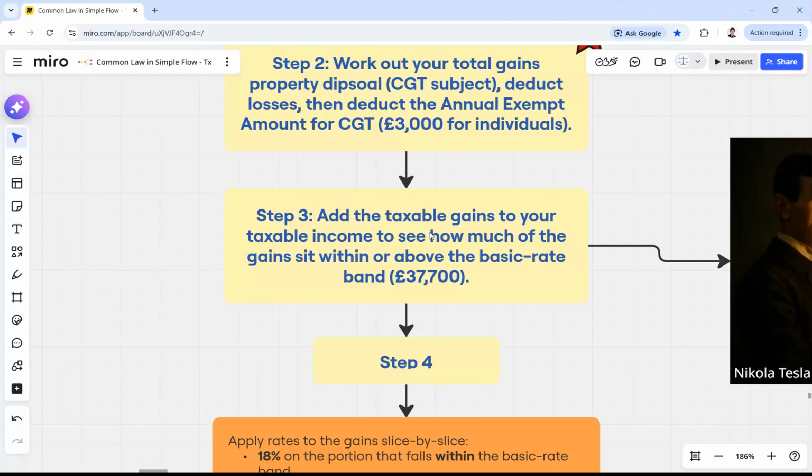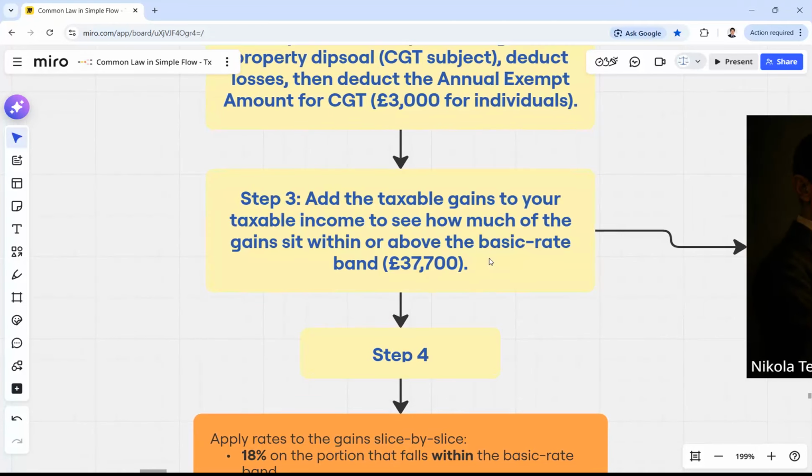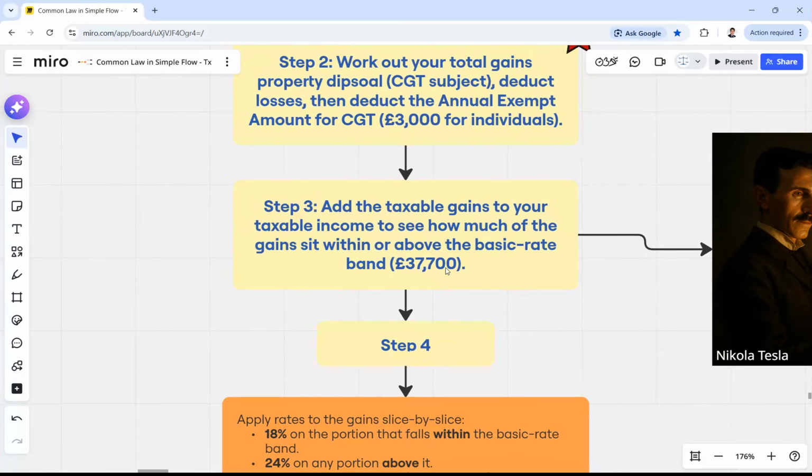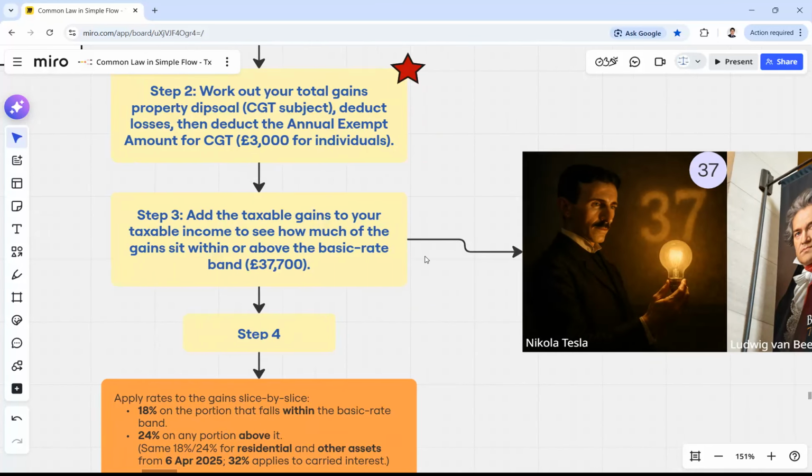Step 3, add the taxable gains to your taxable income to see how much of the gains sit within or above the basic rate band. So if you had 30,000 income and you had 10,000 of capital gain, then this altogether will be 40,000, and you need to understand which part of this 10,000 sits before 37,700 and which part sits after 37,700, because what sits before this threshold will be 18% and what sits after will be 24%.